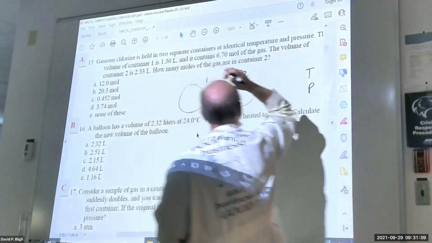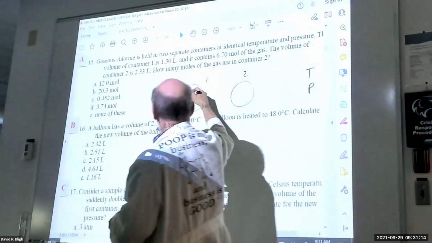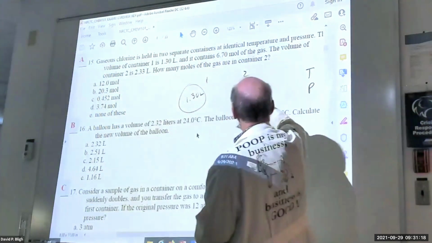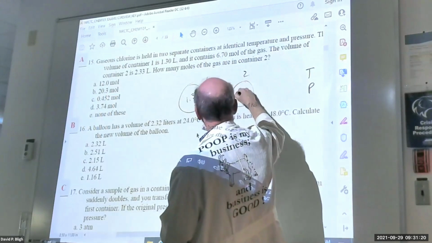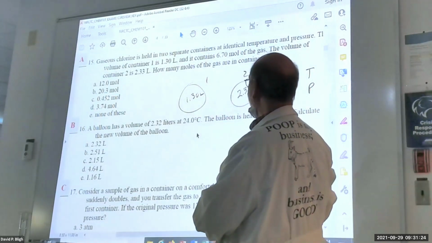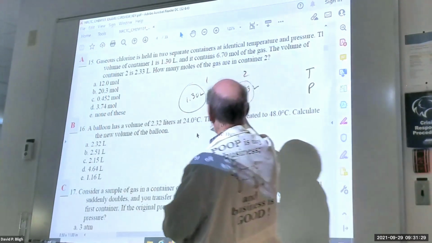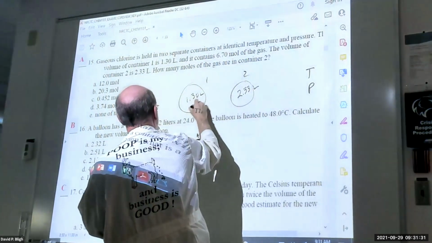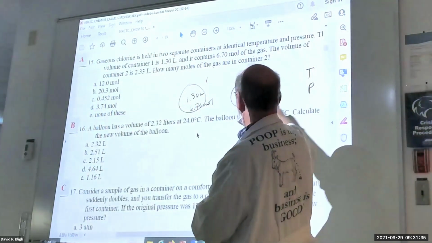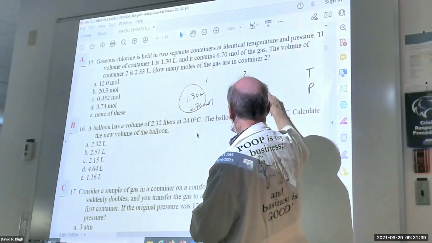Container 1 and 2. The volume of this container is 1.3 liters, and the volume of this one is 2.33 liters. And moles in the first one is 6.7. And the question is, how many moles in this one?